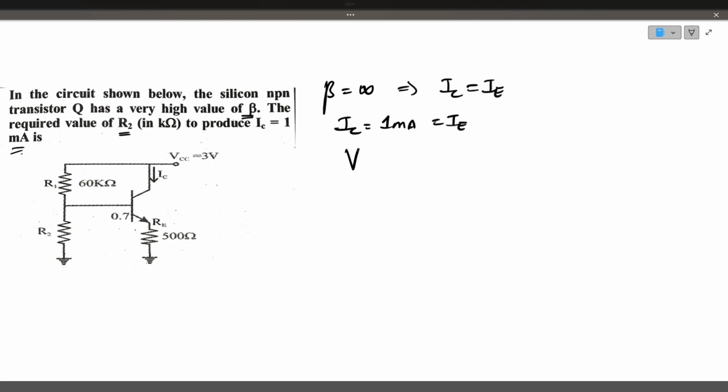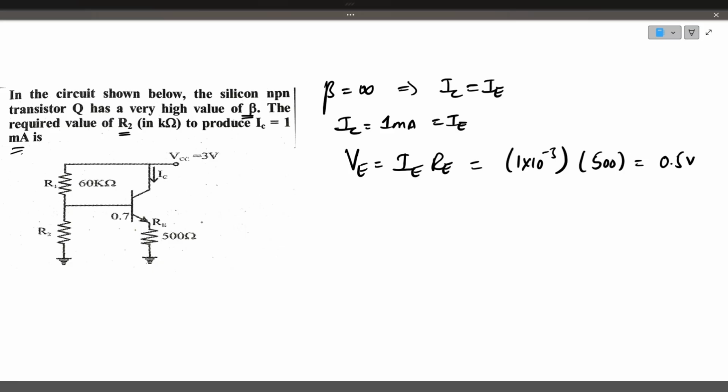So the voltage across emitter resistance is IE into R, where emitter current is 1 milliamp and emitter resistance is 500 ohms, which is equal to 0.5 volts.